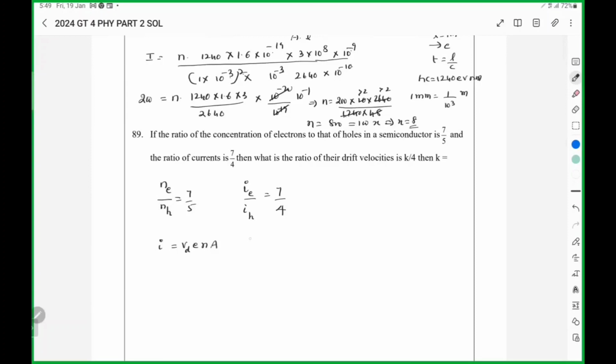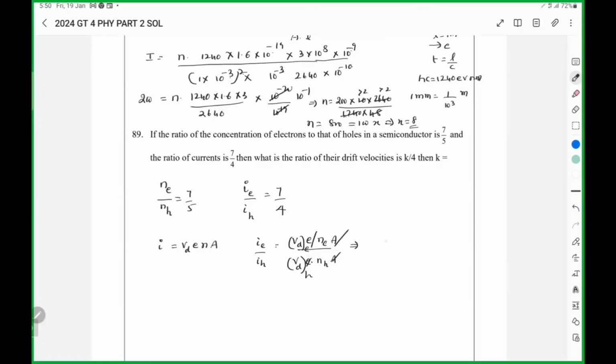So here it is IE by IH, related to electron current, related to hole current. This gets cancelled out.